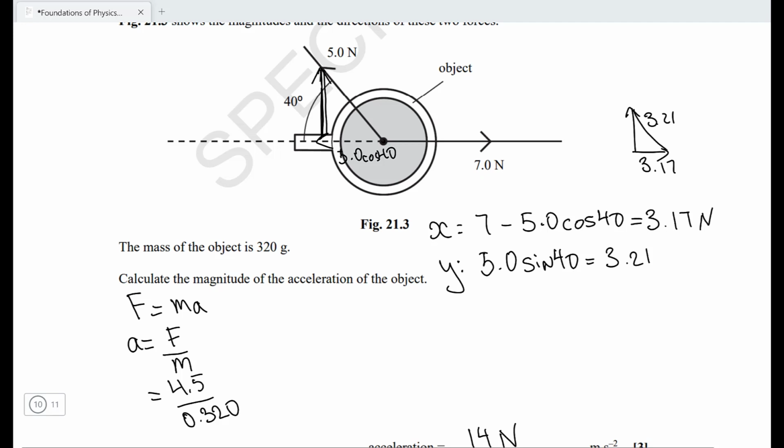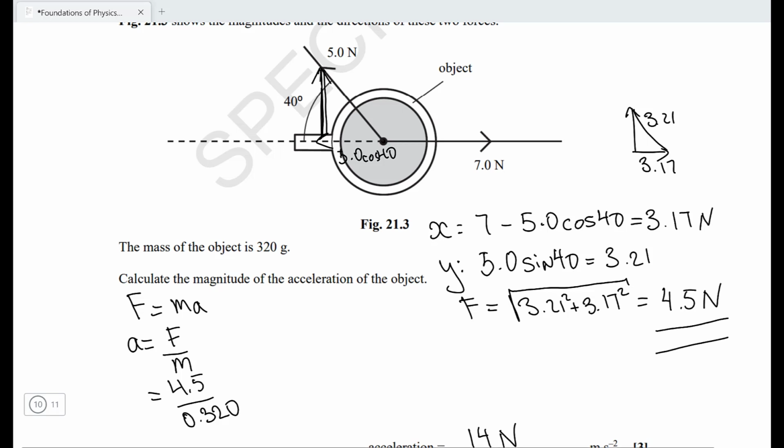So I can just use Pythagoras and say that the resultant force will be equal to the square root of 3.21 squared plus 3.17 squared, which up to two significant figures is equal to 4.5 newtons. And this is a second perfectly valid way of getting the right answer.